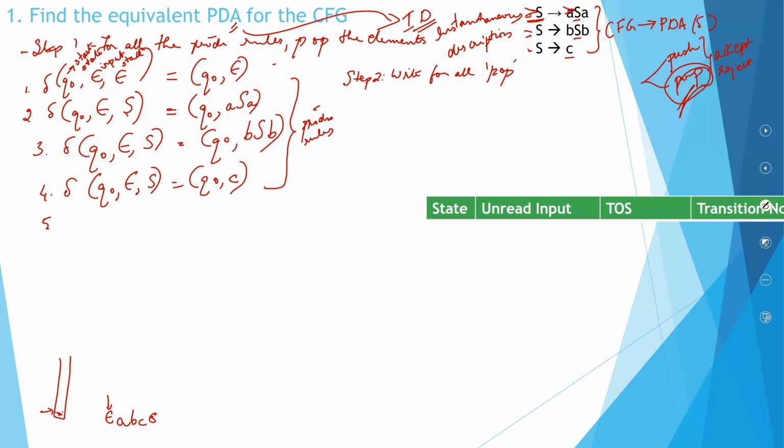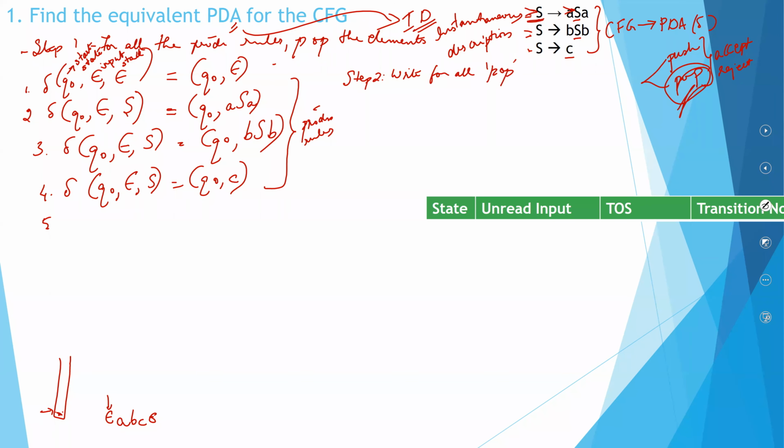Now, what we need to do is check whether the PDA you have constructed is valid or not. To do validity checking, you can derive with the help of the grammar, but that is not what we want.